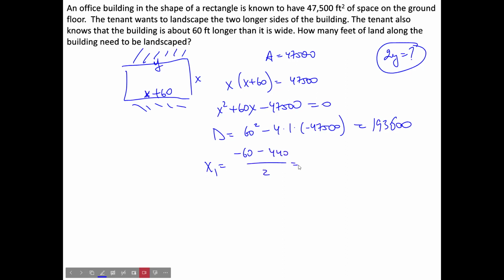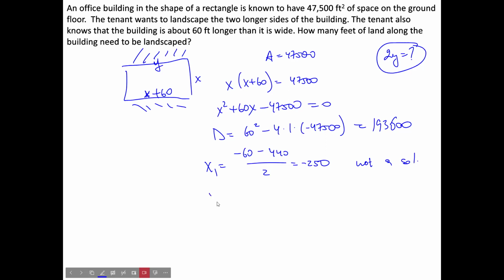Over 2, that is minus 250, negative. So that is not a solution. It is a root for the equation, but not the solution for the fairy tale story because it's negative. Yeah, the length cannot be negative, right?